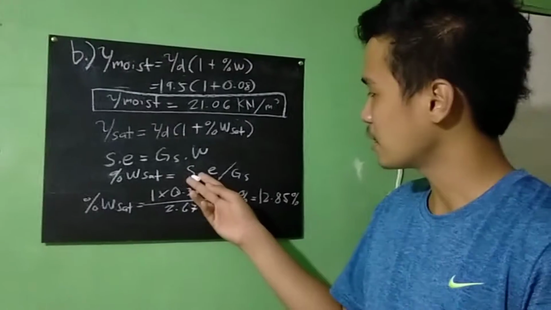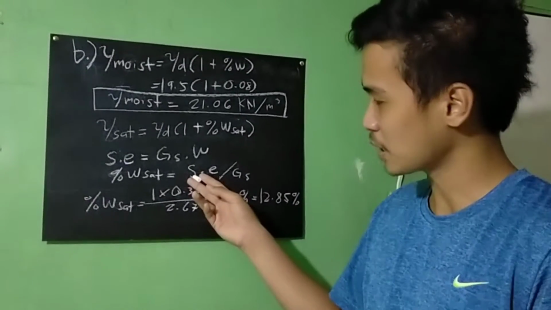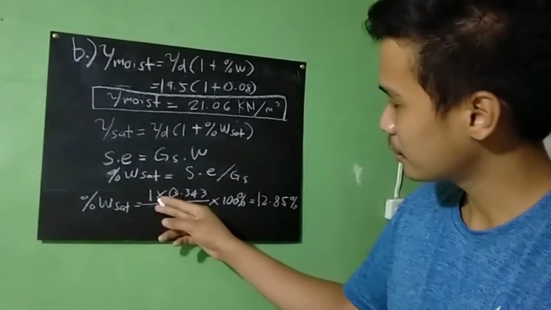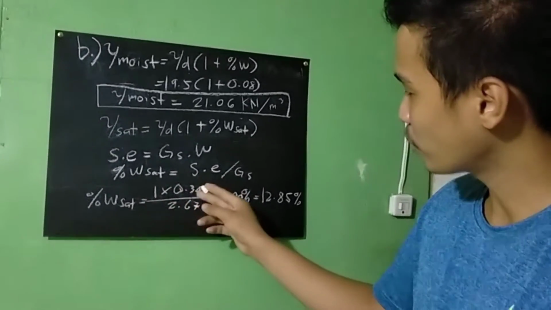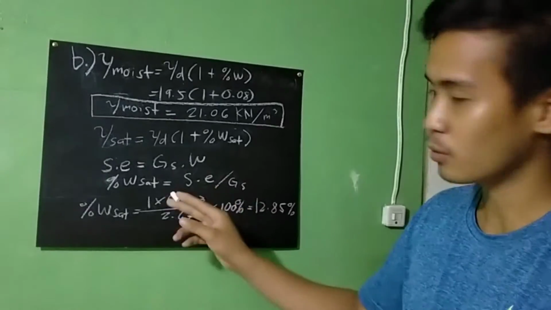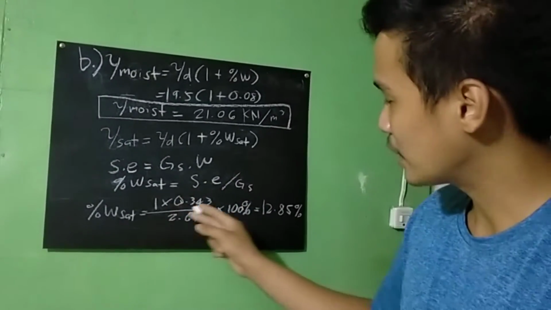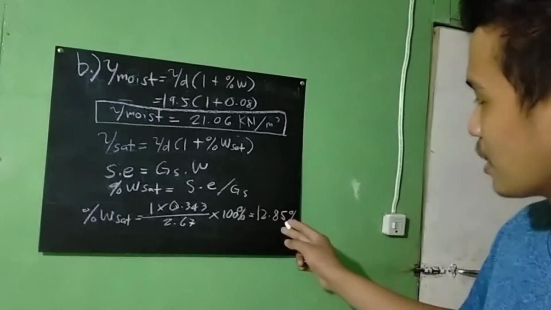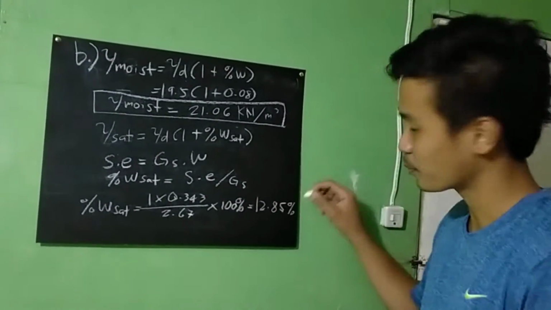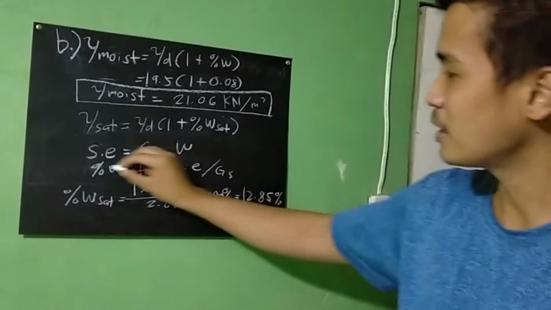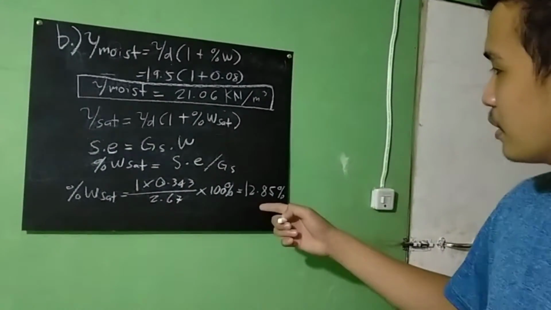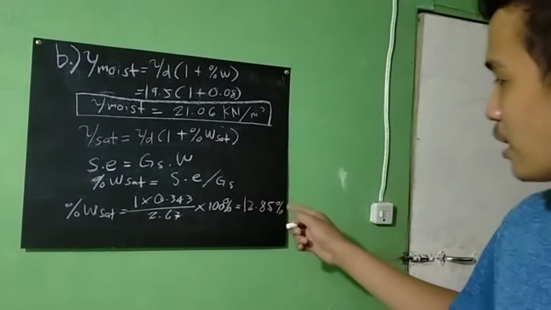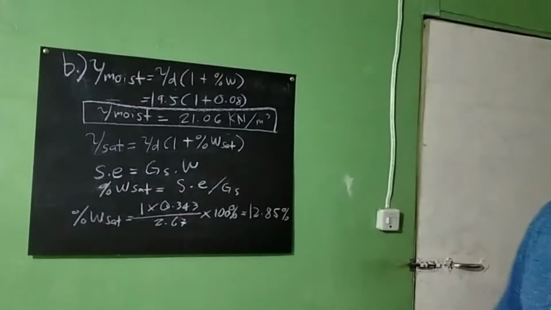S is given since the degree of saturation is equal to 100% or 1. So 1 times 0.343, the void ratio that we got earlier, over the specific gravity 2.67 times 100% since in terms of percent. So simplifying this, then we have come up the value of percent water content saturated is equal to 12.85%.